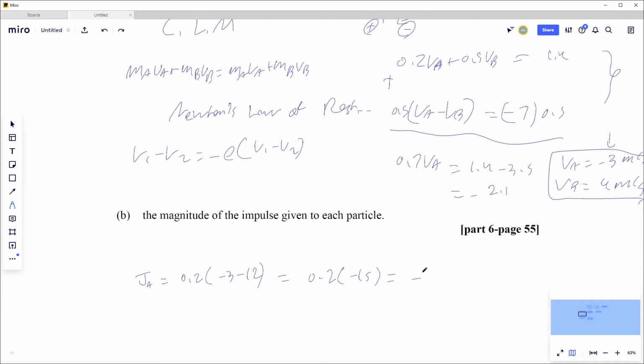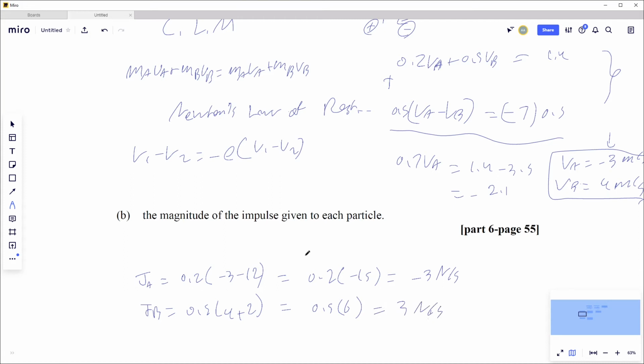So minus 3 newton seconds. And the other one for B is 0.5 times final minus 2, minus minus 2 actually, because minus from the formula, minus from the velocity itself, so plus. So 0.5 times 6, so you'll get 3 newton seconds.